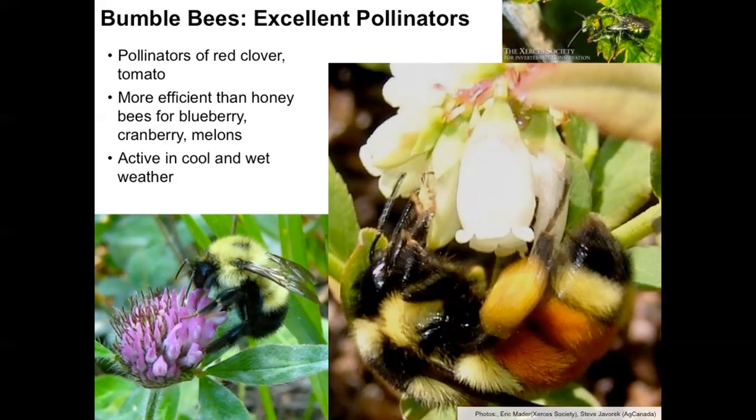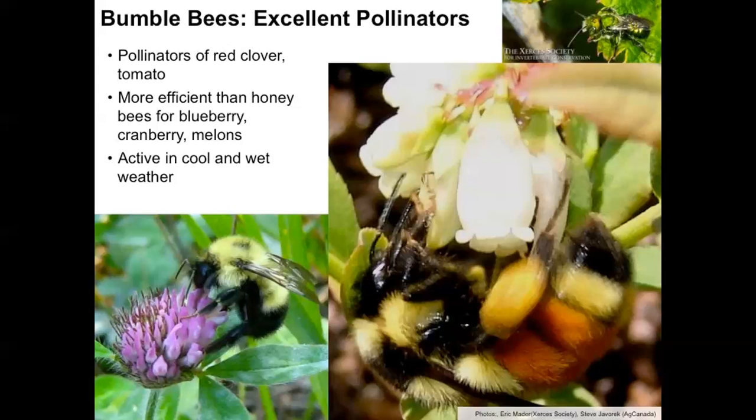Because of their large size, bumblebees are actually more efficient than honeybees. I keep saying that backwards. Sorry about that. Bumblebees are more efficient than honeybees at pollinating things like blueberries, cranberries, melons, even tomatoes, because they do a behavior that's called buzz pollination. The scientific word is sonication, where the bees grab the pollen-producing structure of the flower in their jaws and they vibrate their wing musculature. And this vibration causes that pollen to dislodge that would otherwise remain trapped in the flower's anthers.